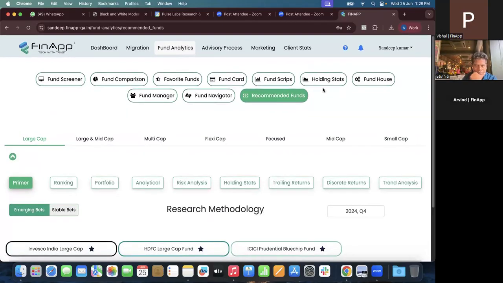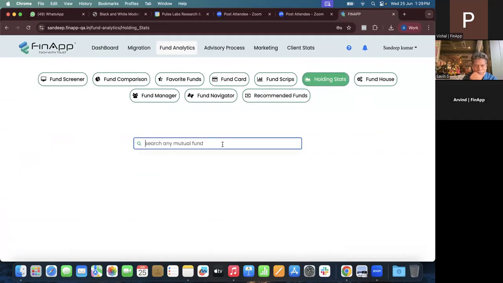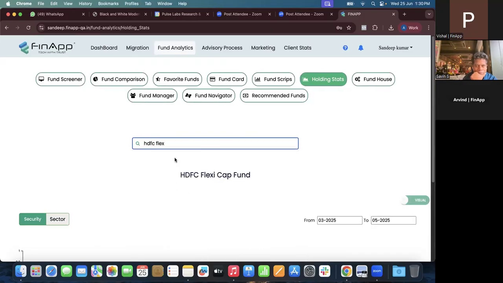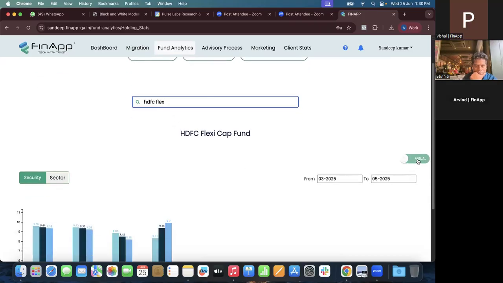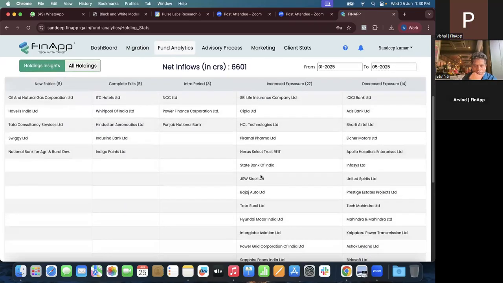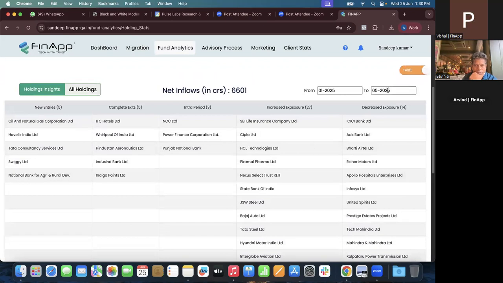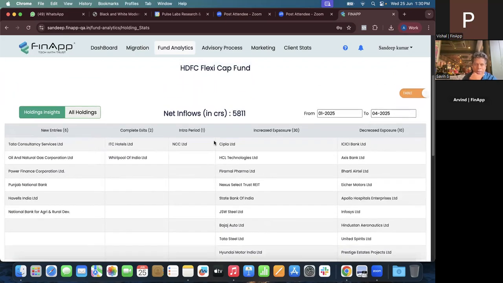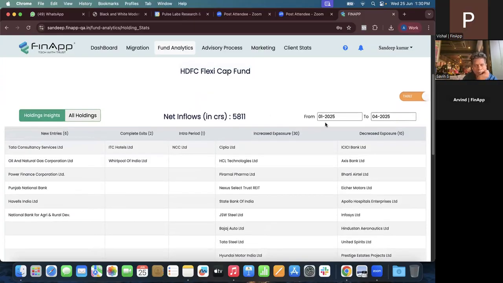Now you are already using the engine, so I'll just put in, for example, right now I want to go a little bit. We were looking at these stats from the data, right? Net inflow between January and April in HDFC FlexiCap is 5,811 crores. Total 6 stocks.